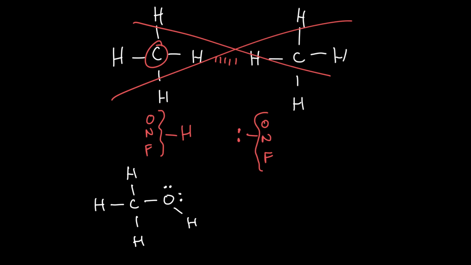And so you should look at a molecule like that, and you should say, can it hydrogen bond? And the answer is yes, it can, because it's got the two things it needs. It has got the donor, so the hydrogen attached to an oxygen, and it's also got the acceptor. It's got a lone pair attached to an oxygen.